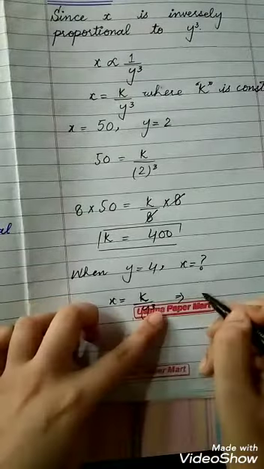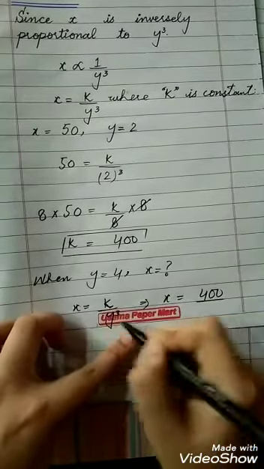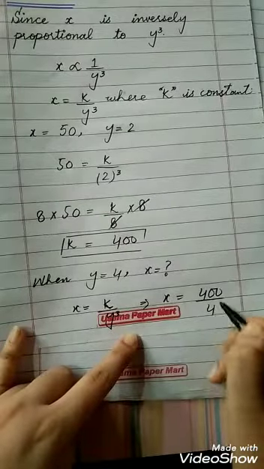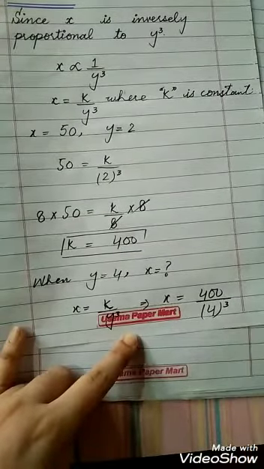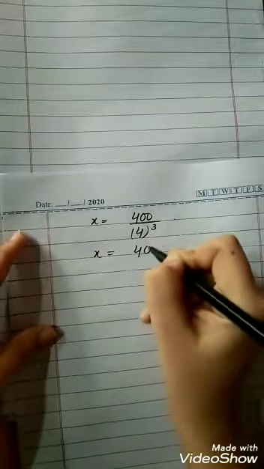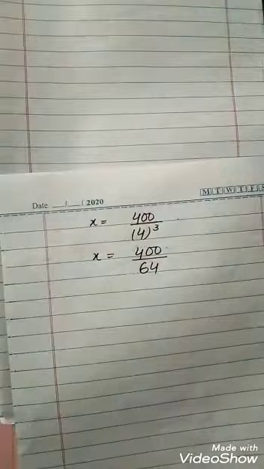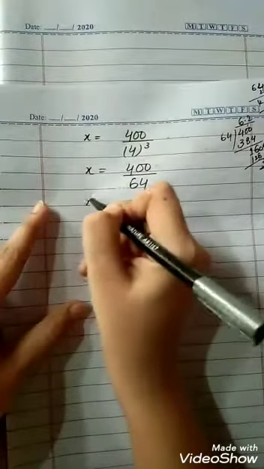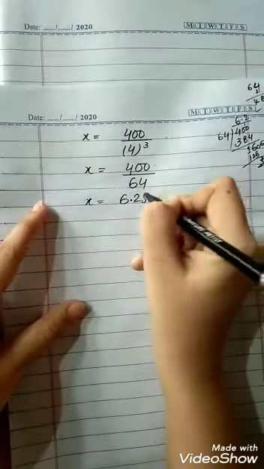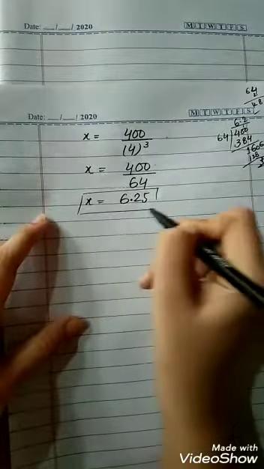We have to find the x value. The k value is 400, and y is 4, so y cube is 4 to the power 3. So x is equal to 400 by 64. We will divide it now. After dividing we got the answer 6.25. That is the value of x which was required.